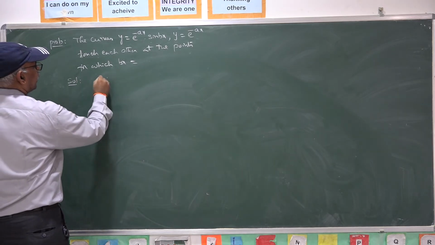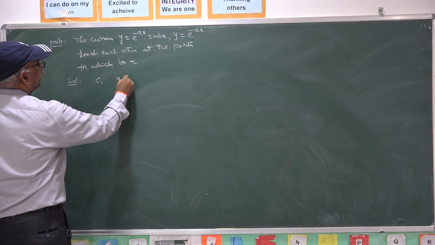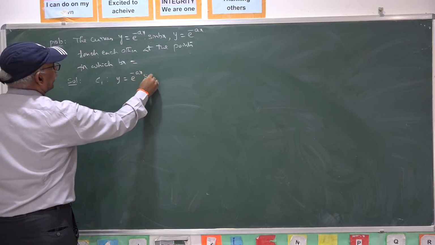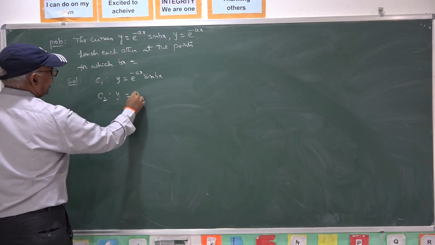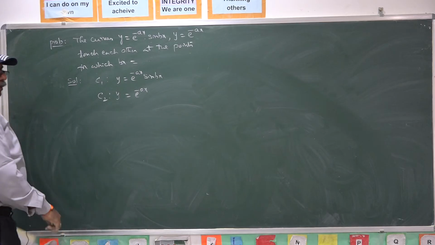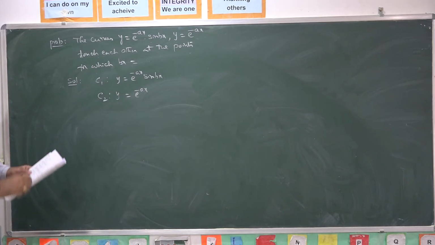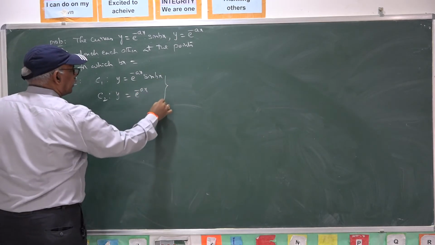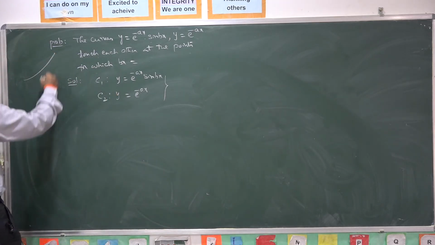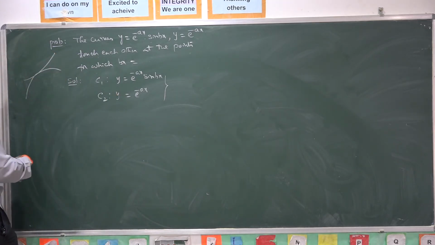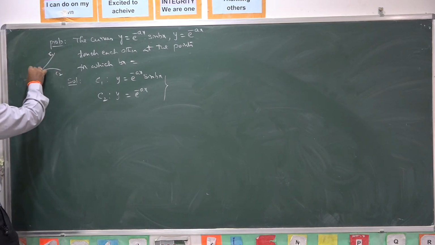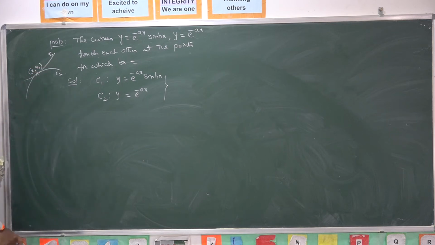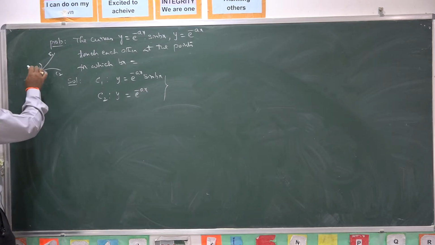C1, curve 1, is y equal to e power minus ax sin bx, and C2, curve 2, is y equal to e power minus ax. Suppose this is one curve and this is one more curve. This is C1 and this is C2. Let this be the point x1, y1, or x comma y, a general point.